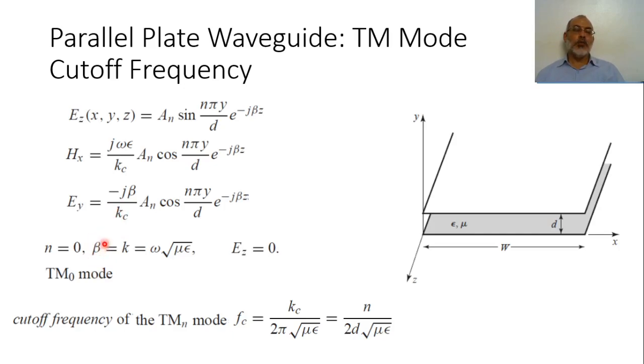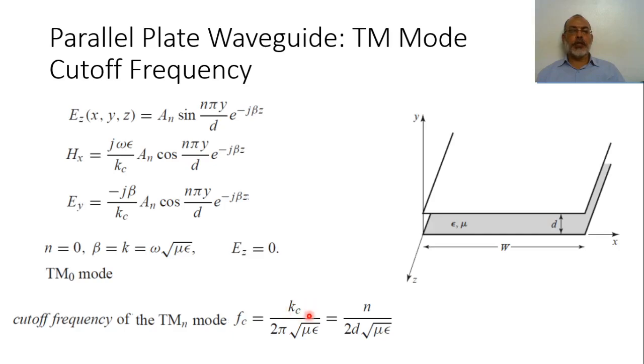So beta would be the square root of k squared minus kc squared, so it would be k, where k is omega times the square root of mu epsilon. And the cutoff frequency of the nth mode in terms of kc is given by kc over 2π square root of mu epsilon.